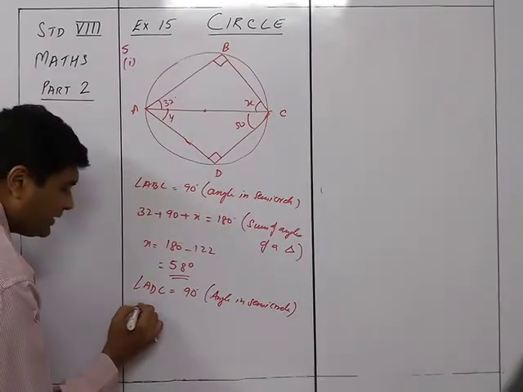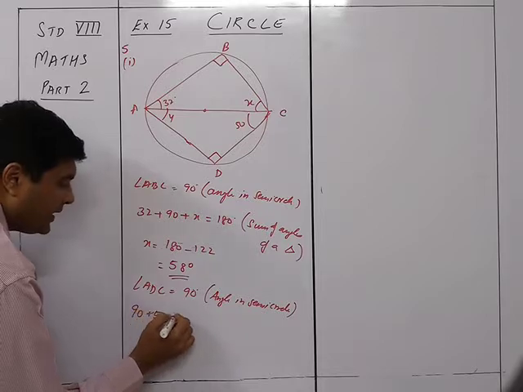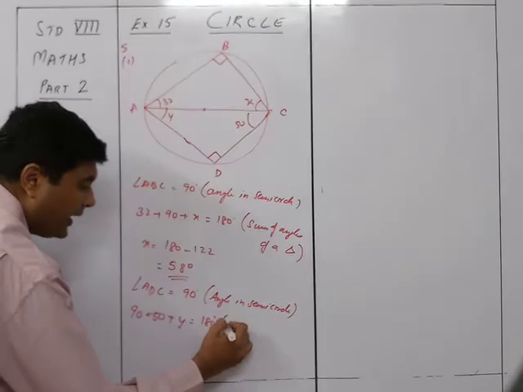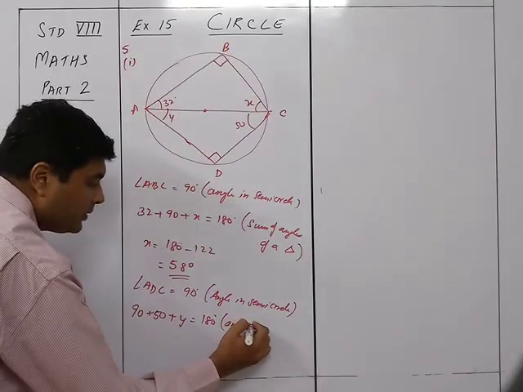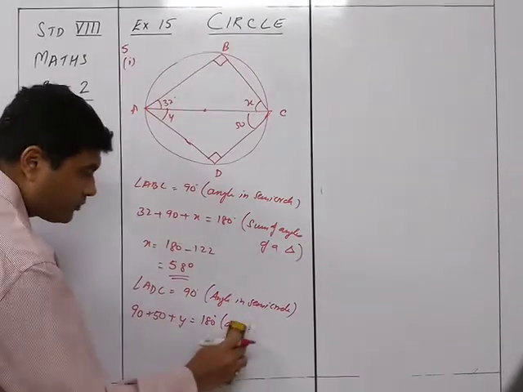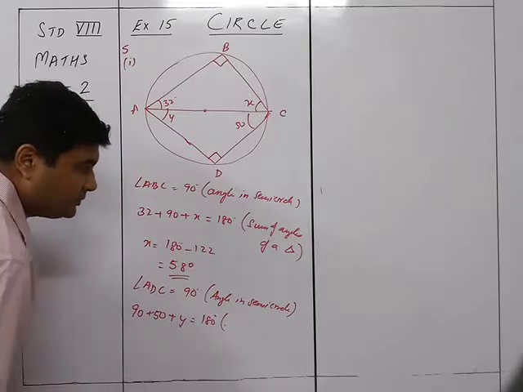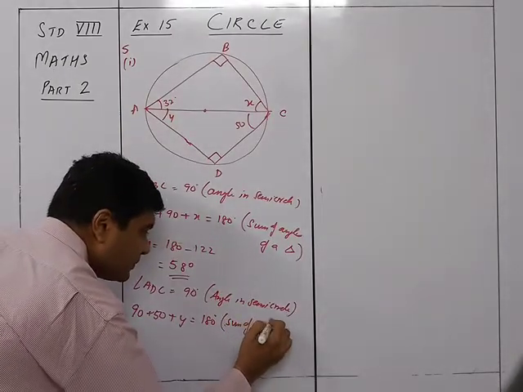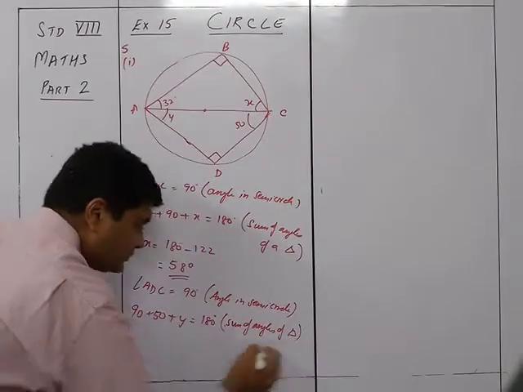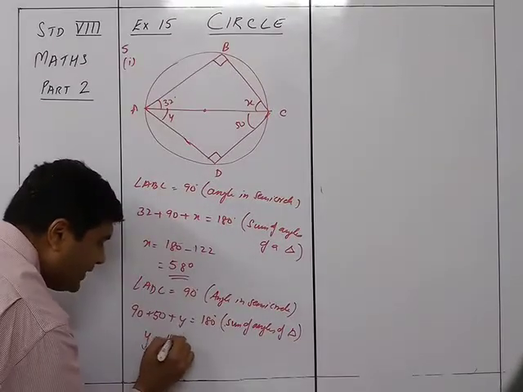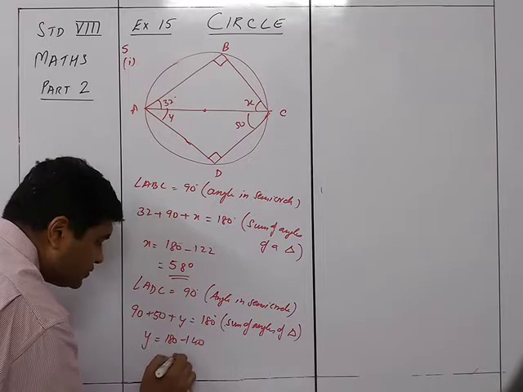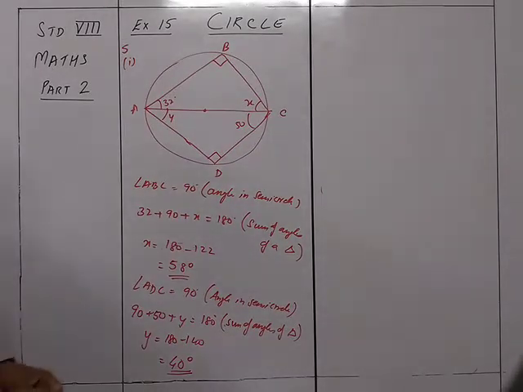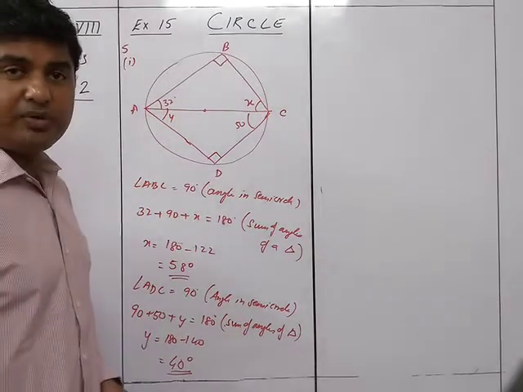And then you know that 90 plus 50 plus y is equal to 180 degrees, sum of angles of a triangle. Therefore, y will be equal to 180 minus 140 is equal to 40 degrees. So that was the first part of question number 5.